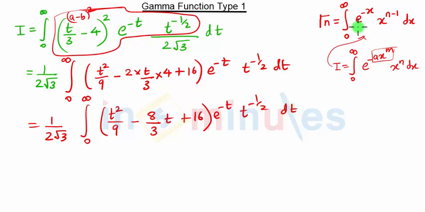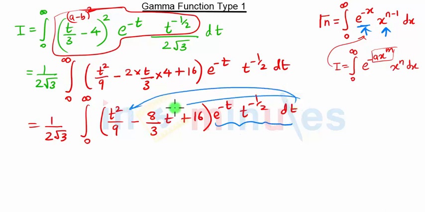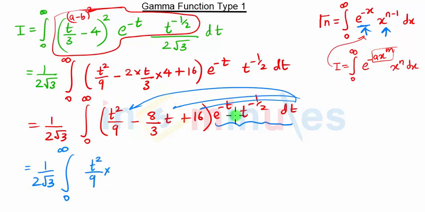Now we want e raised to something and x raised to something. Here instead of x we have t. So we are going to multiply these three terms inside the bracket. Just observe what we get. Here we have t square upon 9 into this whole term, which is e raised to minus t, t raised to minus half dt, and I am taking the integration sign with each term.